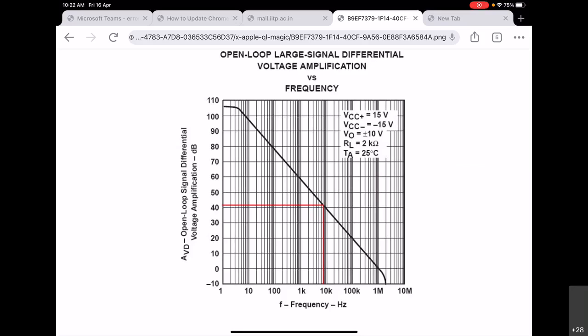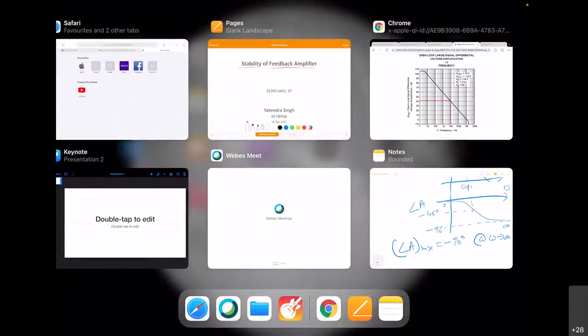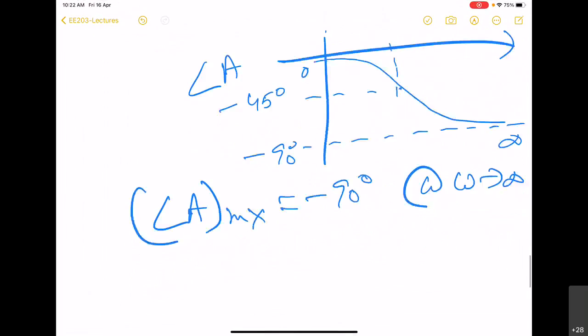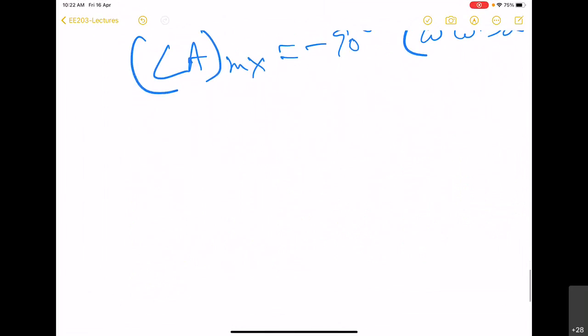So this is a first order system, and if you put this in a negative feedback, and that is what we do when we design an inverting or non-inverting amplifier, we put a negative feedback with the help of 2 resistors. So that amplifier will never oscillate. That means it will always be stable. And this is one of the key reasons for the popularity of 741.